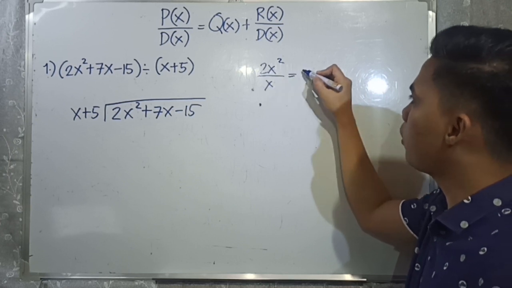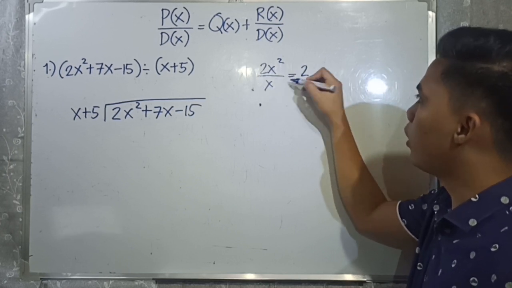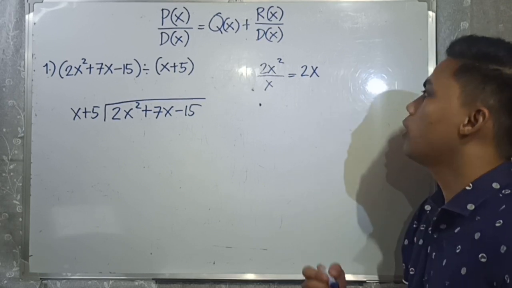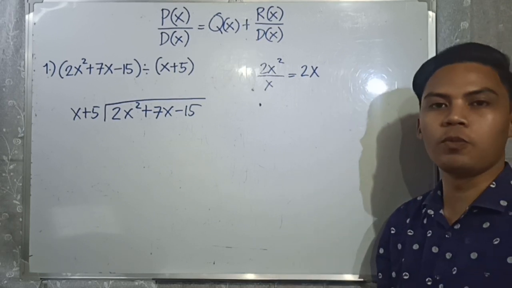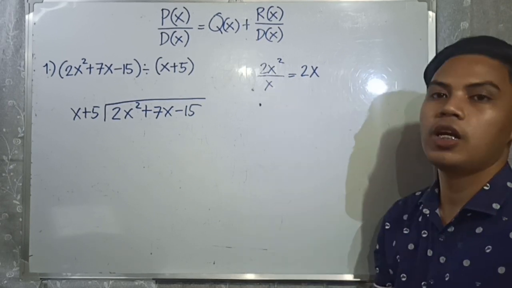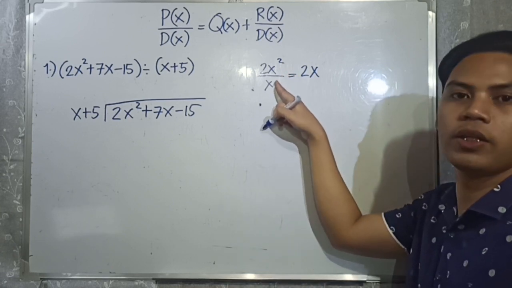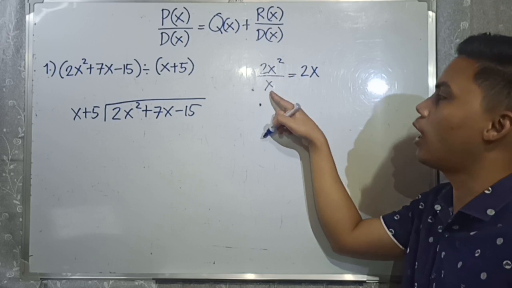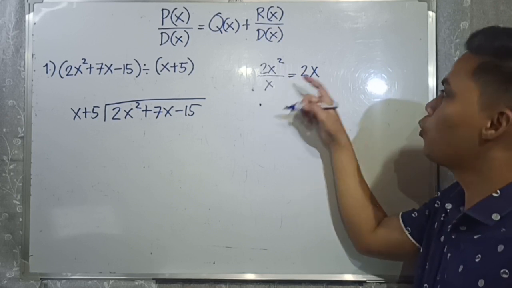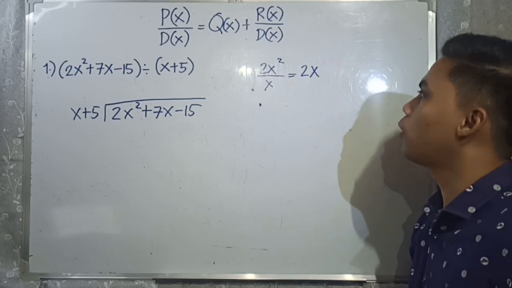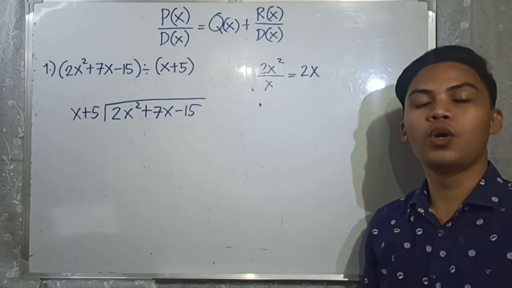So, 2 divided by 1 is 2. Then, we simply copy the common variable or common base. Then, subtract their exponents. So, 2 minus 1. Okay, automatic yung exponent ng x would be 1. So, 2 minus 1 would be 1. Therefore, our quotient is 2x.